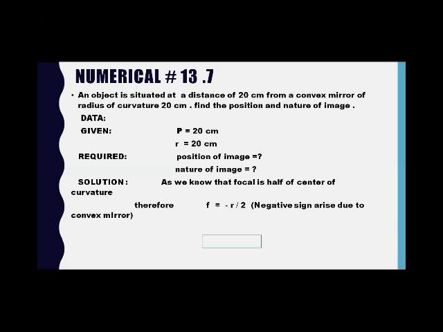As we know, the focal length is half of the radius of curvature. So here we can say that f is equal to minus r upon 2.